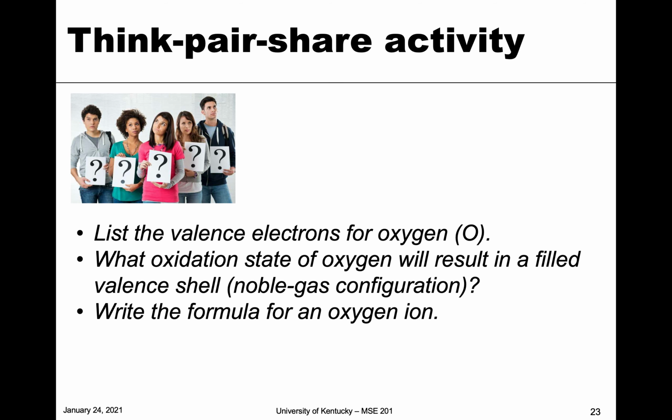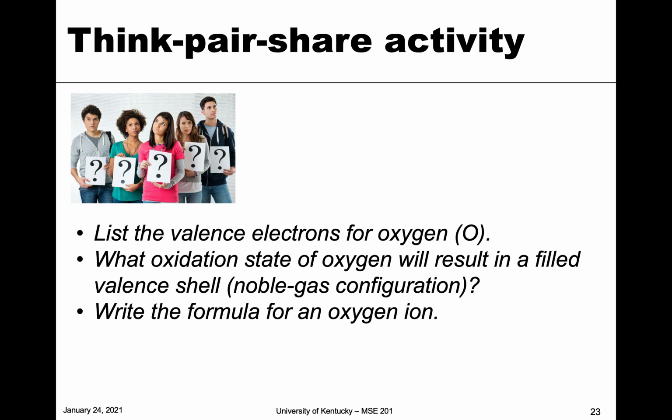All right, so let's work on a little example here that will be in the quiz for this week, and that is: list the valence electrons of oxygen. Use the periodic table, use the electron configuration method that we talked about, but then come up with which ones are valence.